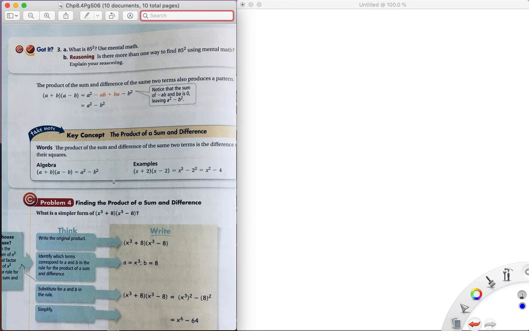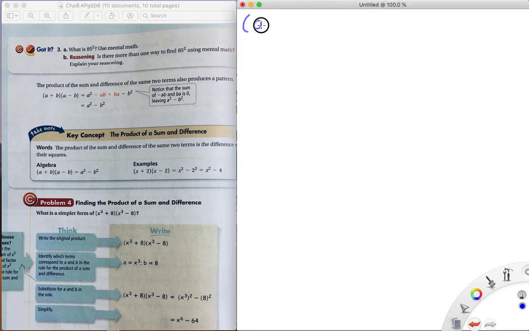All right, so the last example is going to be what happens when you multiply terms that are the same but different operations. So a plus b times a minus b.